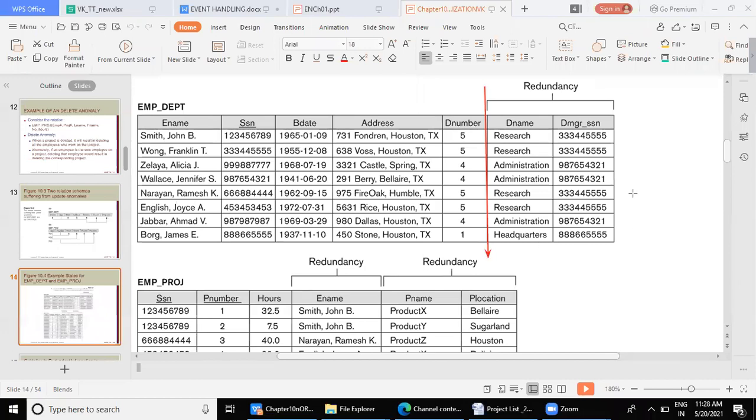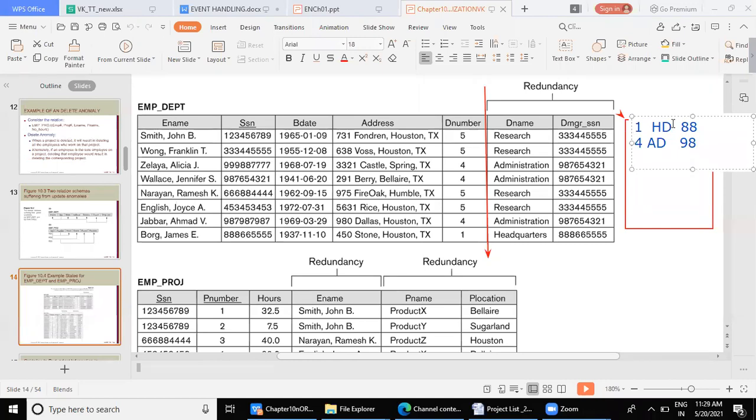Now here you have a table wherein you have information like, I will not draw the columns now. There is department 1, whose name is headquarters and whose manager is 88. Then there is department 4, whose name is administration, whose manager is 98.